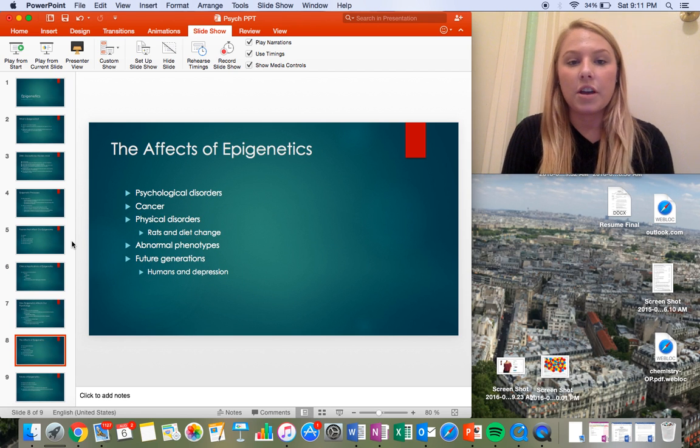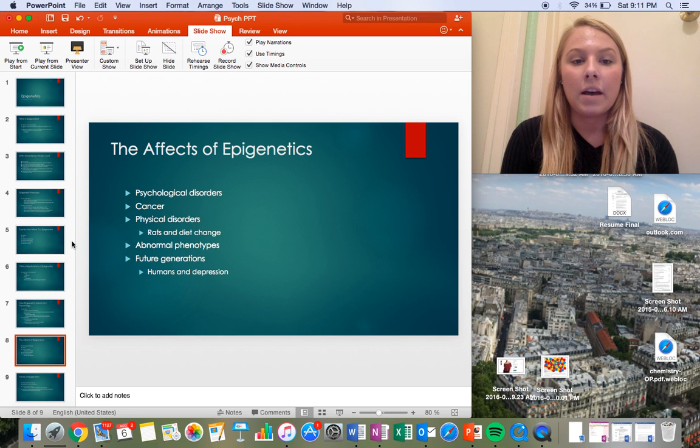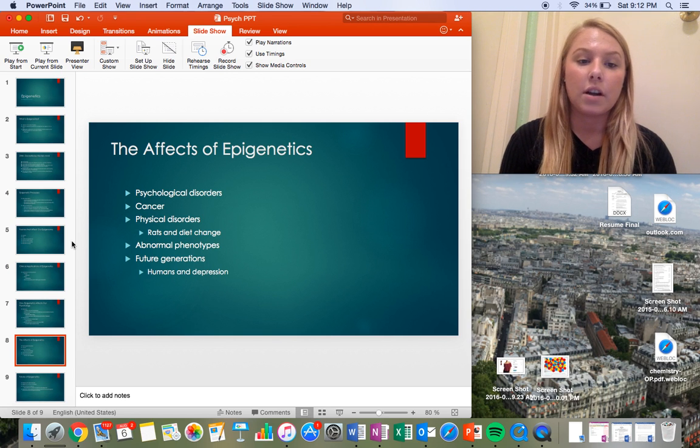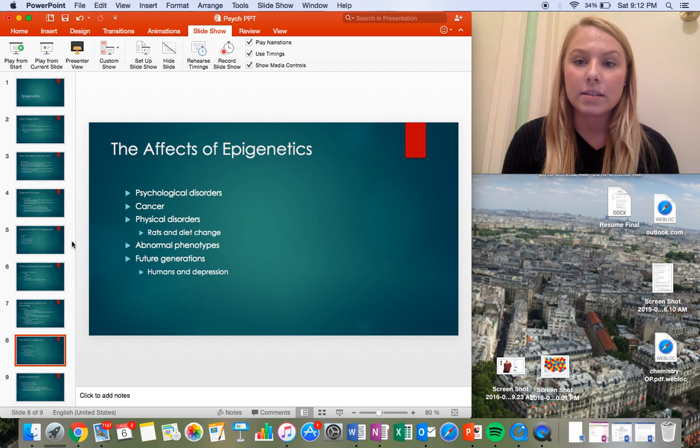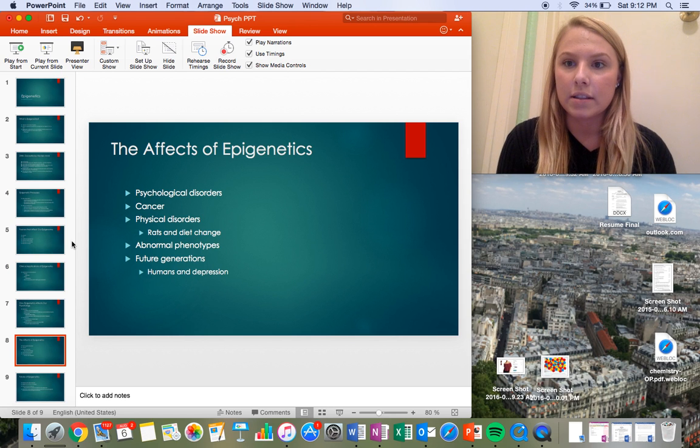The effects of epigenetics. Epigenetics can cause psychological disorders, cancer, and physical disorders. There was a study done on rats that showed that mothers who had a disease which caused them to be overweight, have yellow fur, and be susceptible to diabetes, they basically changed their diet while they were pregnant with their fetuses, and this change in diet caused the fetuses to not have the gene which caused these issues.